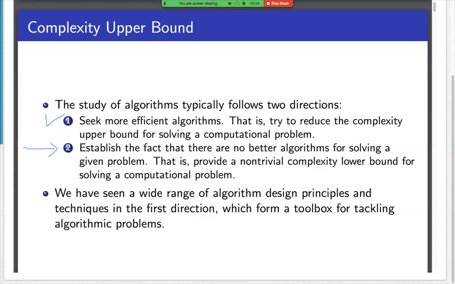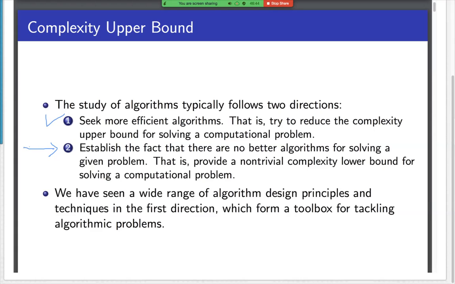Either way, we still do not know the answer at this time. Are we smart enough, or do these problems just not have efficient algorithms? We don't know. That is the P versus NP problem.